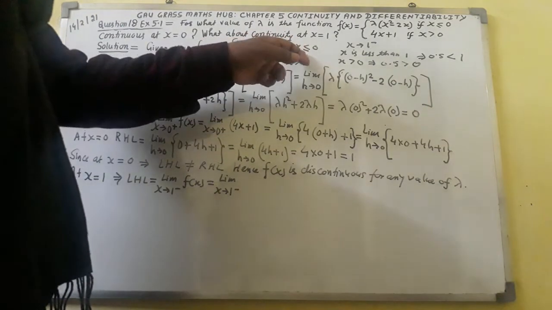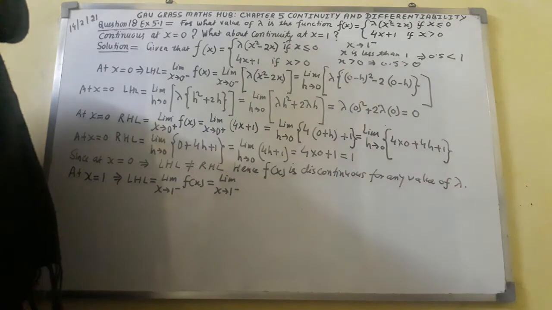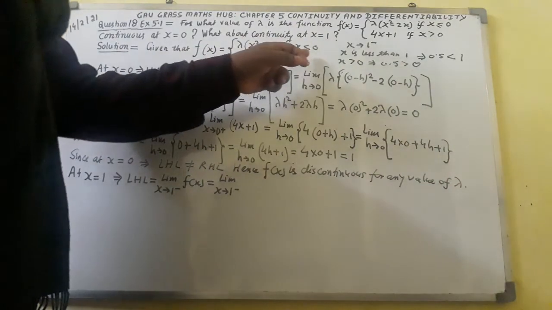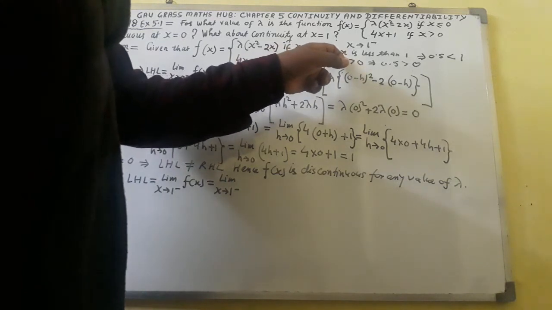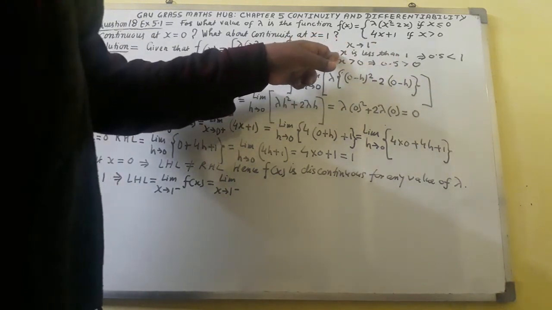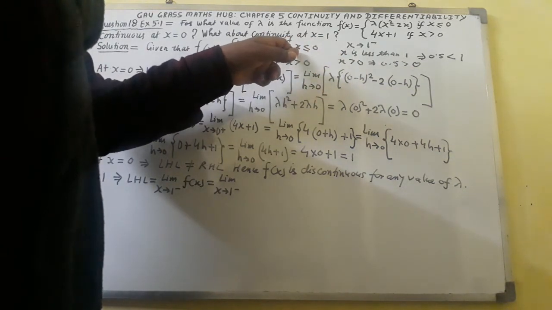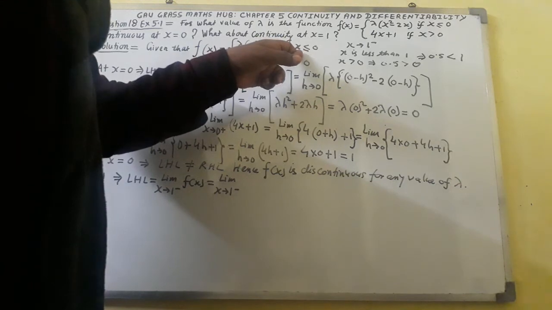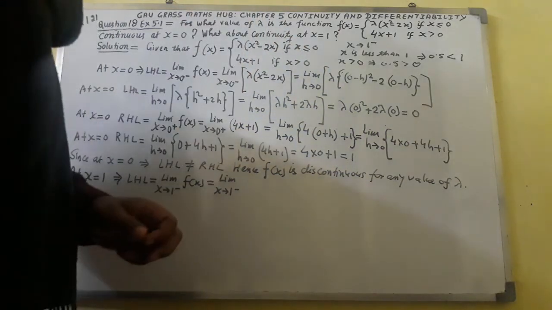If you put this function, x equal to 0 is there. So the value of x is less than 1. Less than 1 means 0 will come, but also x less than 0, minus 1, minus 2 will come.